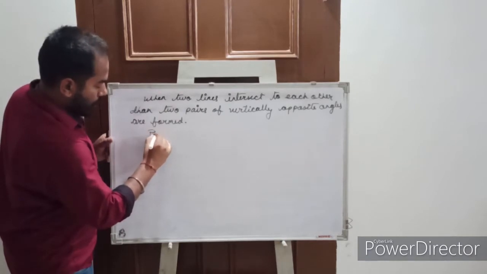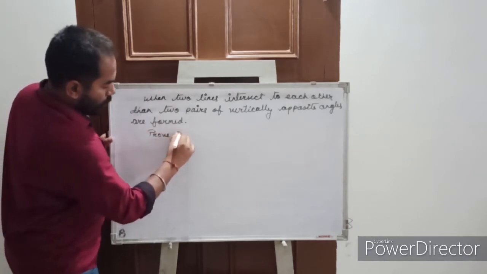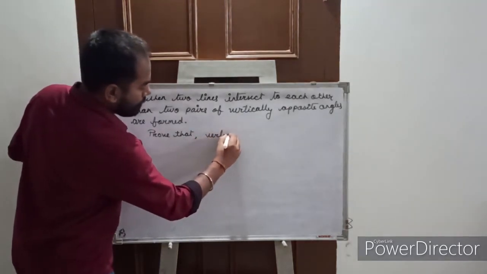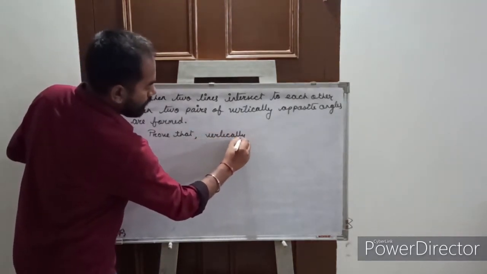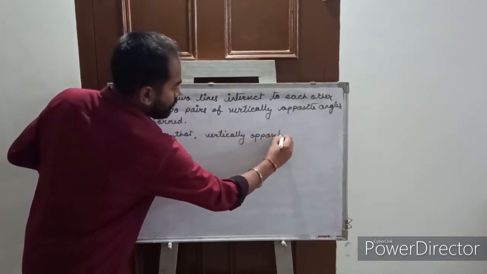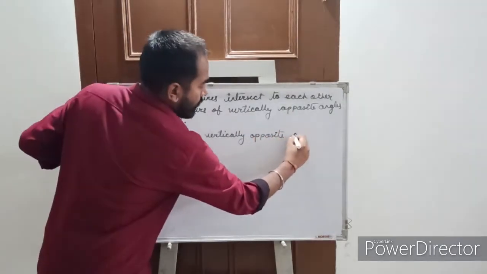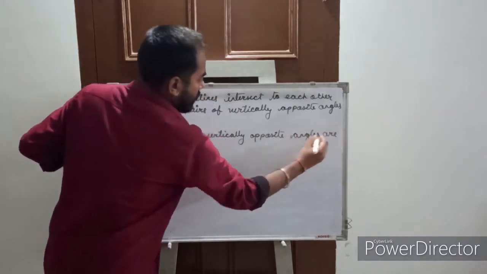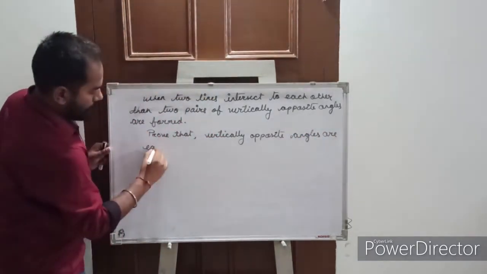We are going to prove that vertically opposite angles are equal.